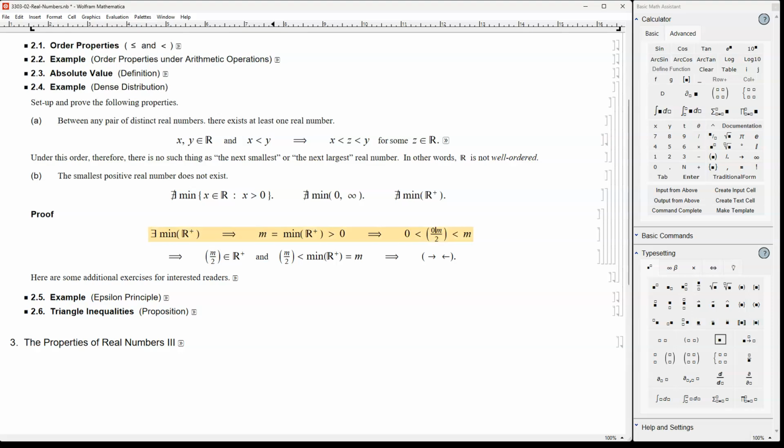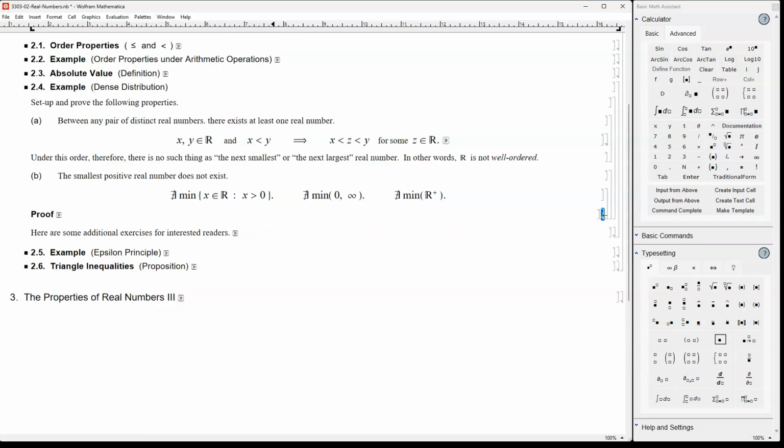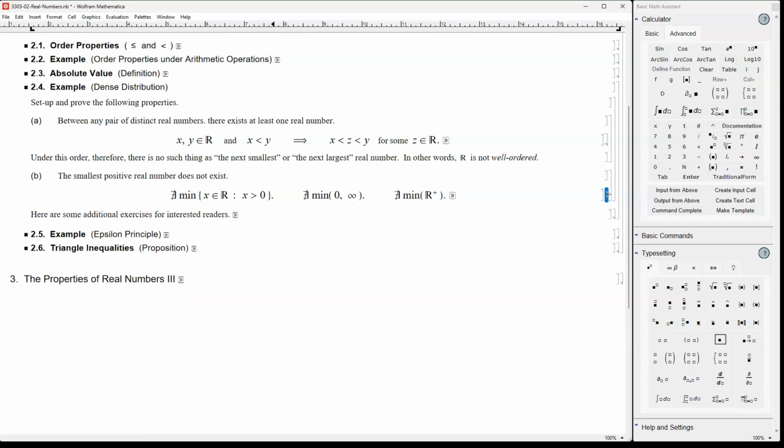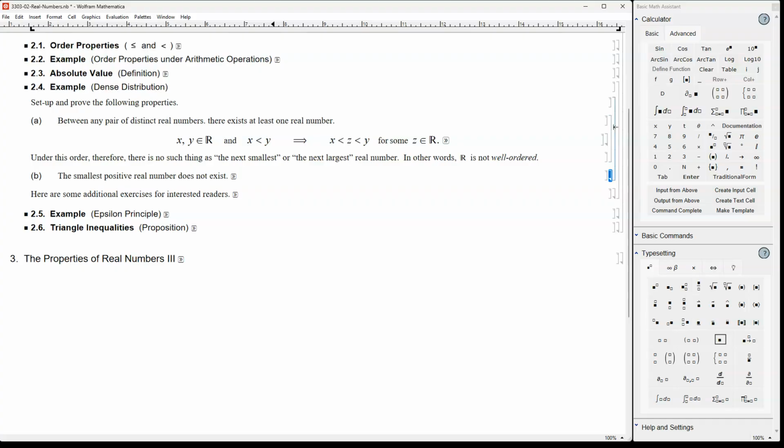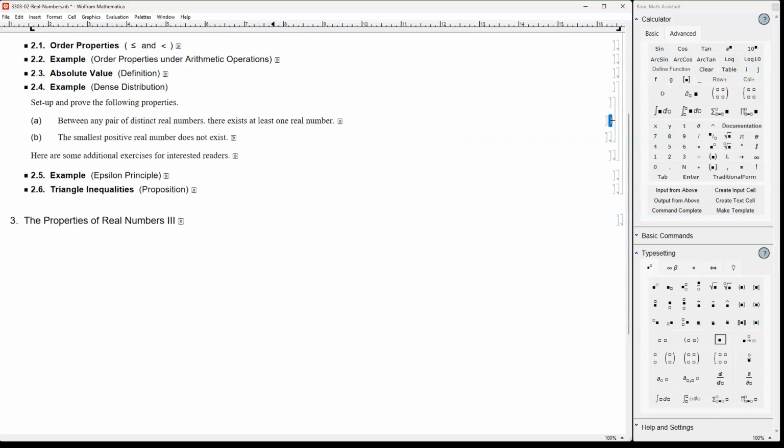Anyway, we found another positive real number between 0 and m. Conclusion: this positive real number is less than the minimum. There goes the contradiction. The minimum cannot exist. The smallest positive real number does not exist. And that's coming from the dense distribution property.